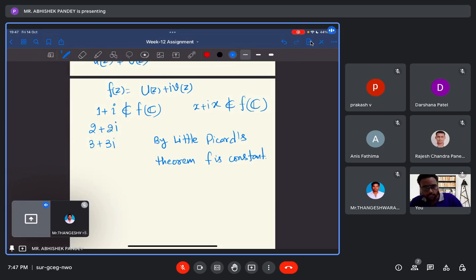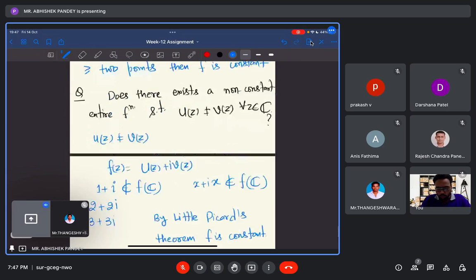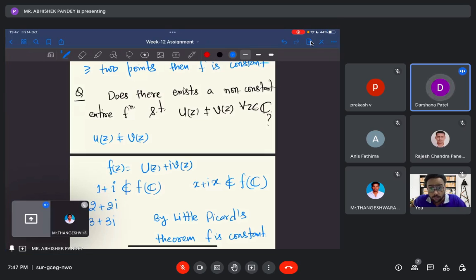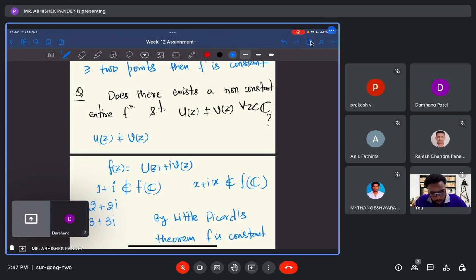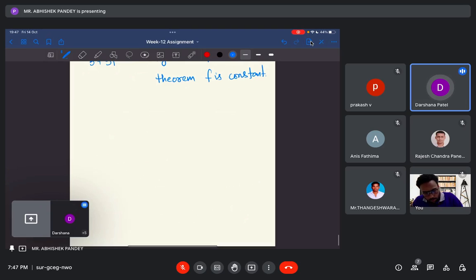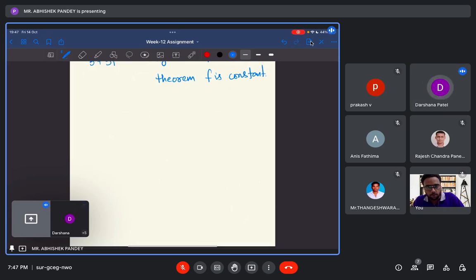Now you can solve the assignment problems. If you change it to u(z) equals a v(z), then again you can apply Little Picard, and this way you can solve the assignment problem. So this is done with the week 12 assignment. Now we have the question: v(z) is not equal to 0. Can you read the full statement?